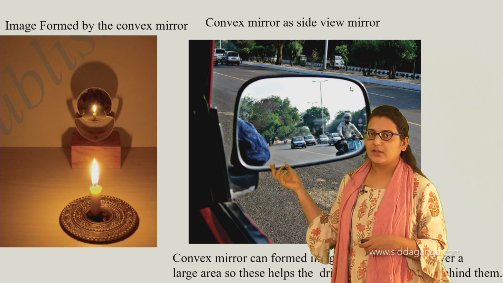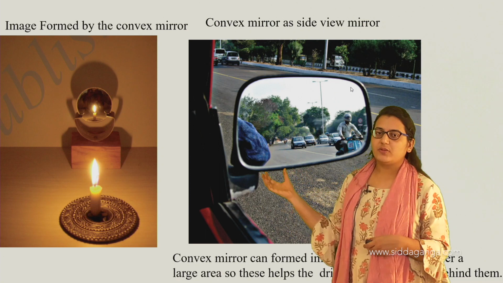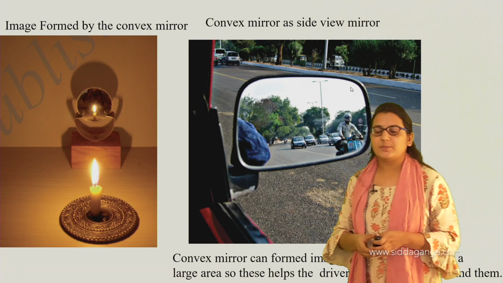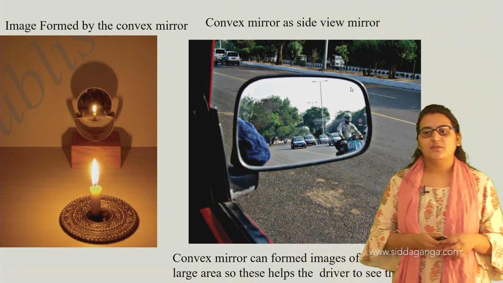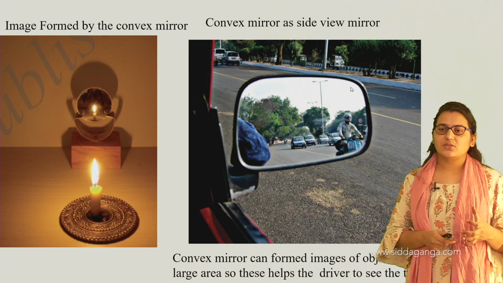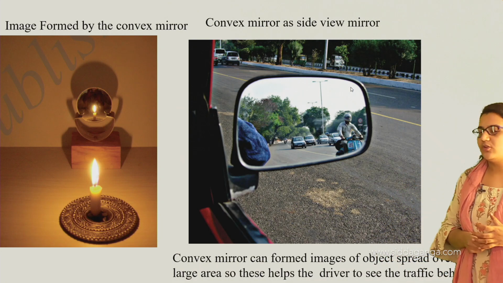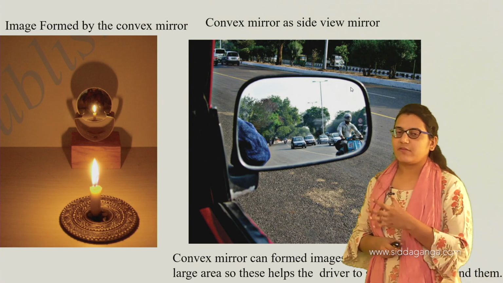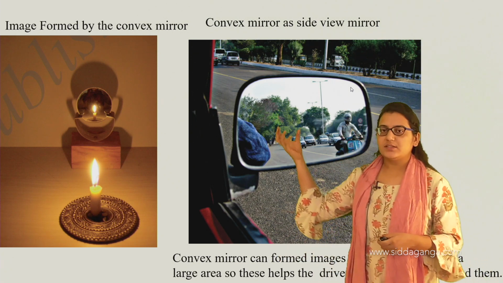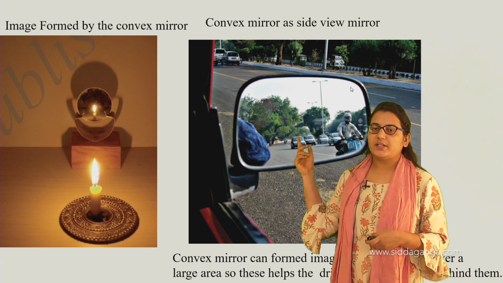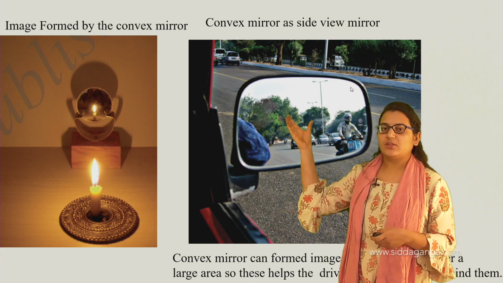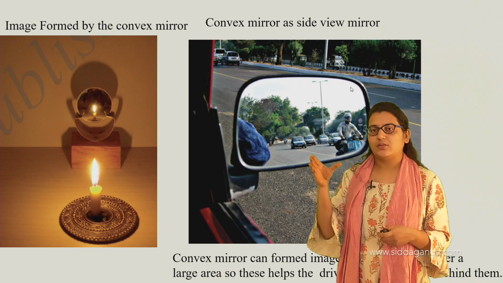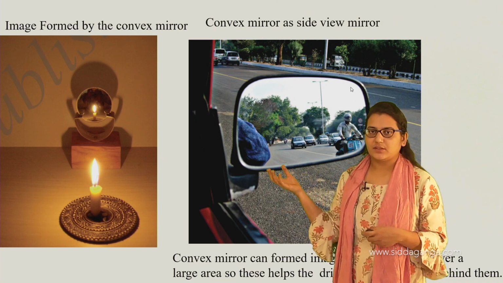This is the mirror used in vehicles. Why do we use a convex mirror in the side view of vehicles? Because convex mirrors form images of objects which spread over a large area. So we can clearly see the traffic all around. The mirror is only small, maybe this size, which is the usual size of the mirror in our cars and bikes.